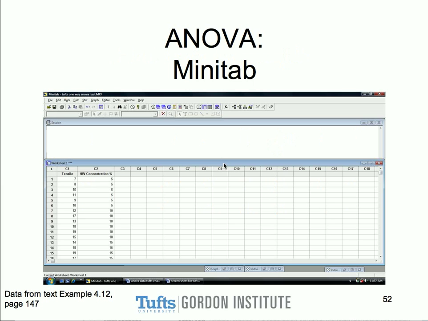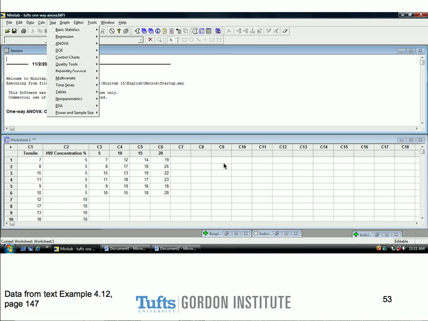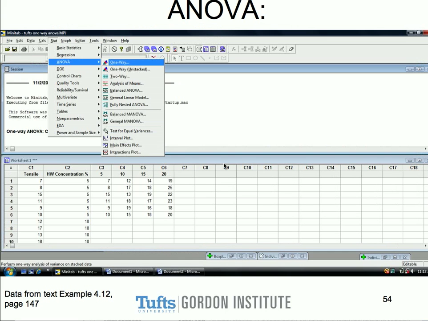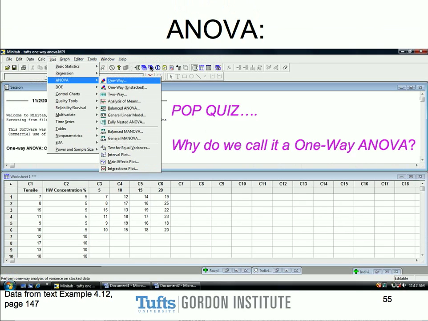So we place the data in Minitab, and we select ANOVA and one-way ANOVA, as you can see right here. And why do we call it a one-way ANOVA? The reason is because we are only changing one factor or independent variable, to see if there's a difference in our dependent variable or response variable.